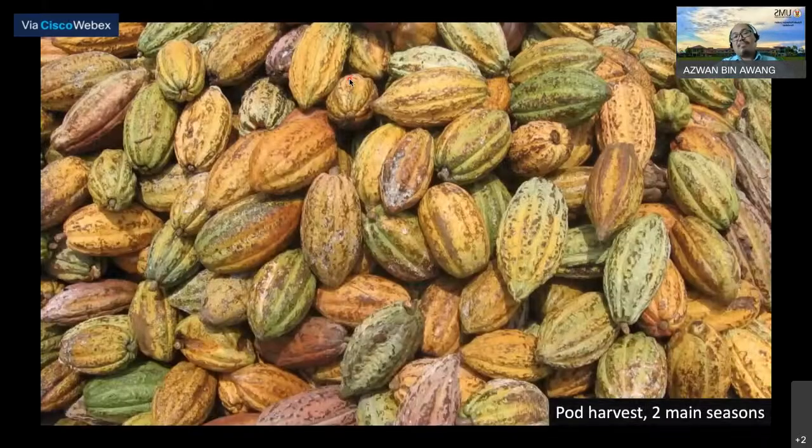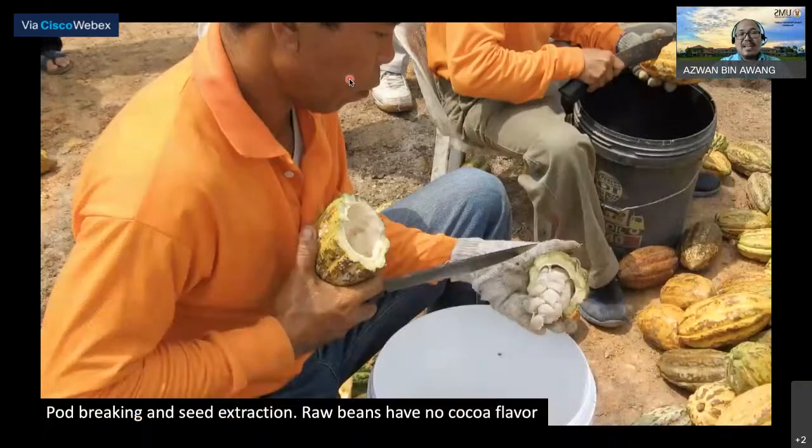All right. So after 5 to 6 months, depending on variety, we will harvest our pods. In Malaysia, and in other countries as well, usually we have two main seasons. Cocoa can be harvested throughout the year, but we have two main seasons. Now we open the pods and remove the seeds, right?